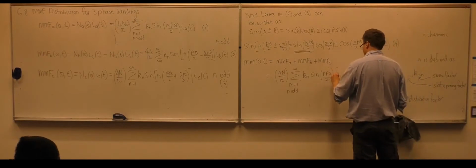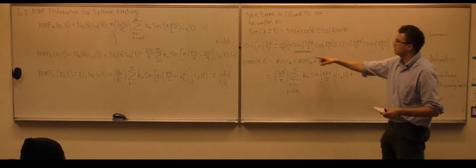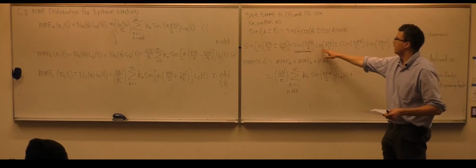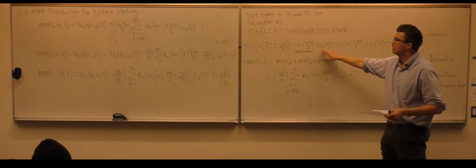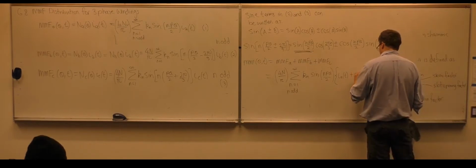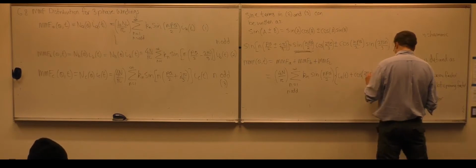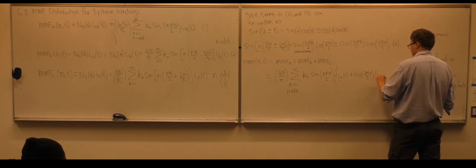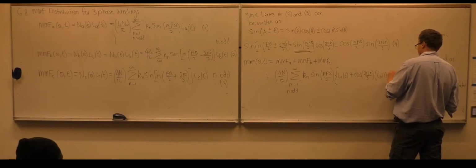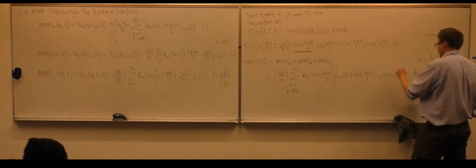That's going to be multiplied by the IA current plus, since B and C both have this cosine term, plus cosine 2 pi n over 3 times IB plus IC.